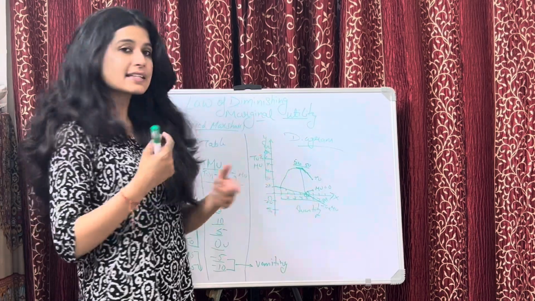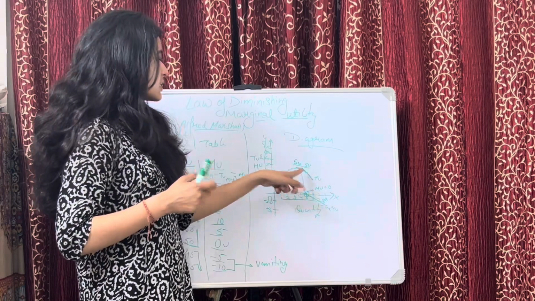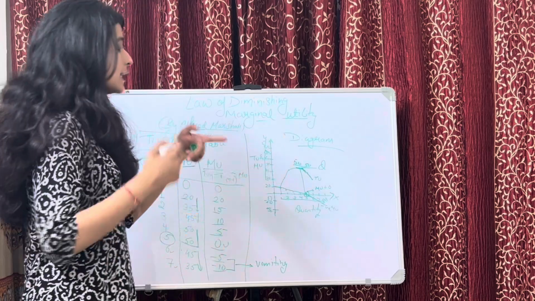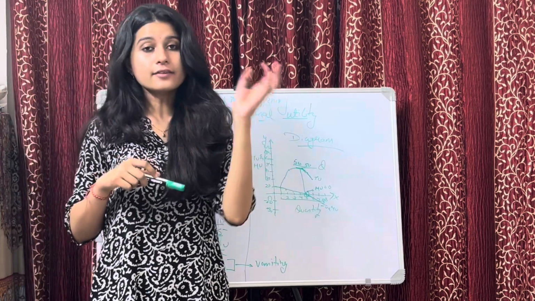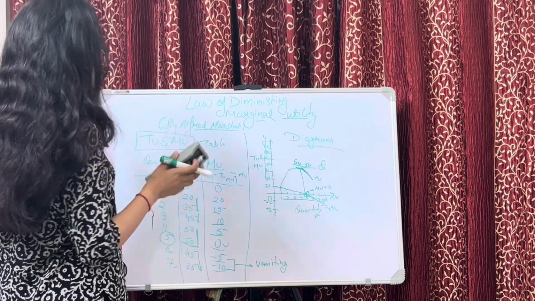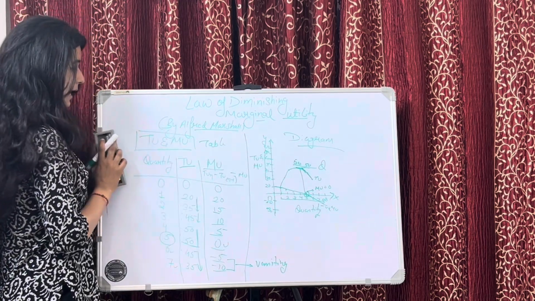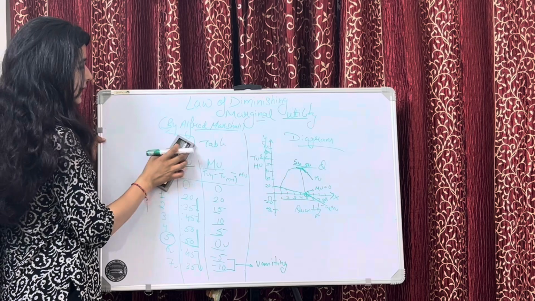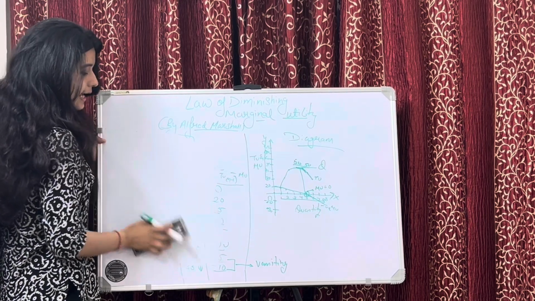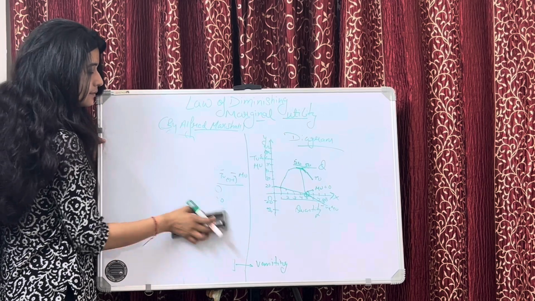Earlier it was increasing at a diminishing rate, and after this point, considered as point Q, it started falling. So we'll be writing the relationship between these two here. I am rubbing this table and I am writing the 3 important relationships between total utility and marginal utility.